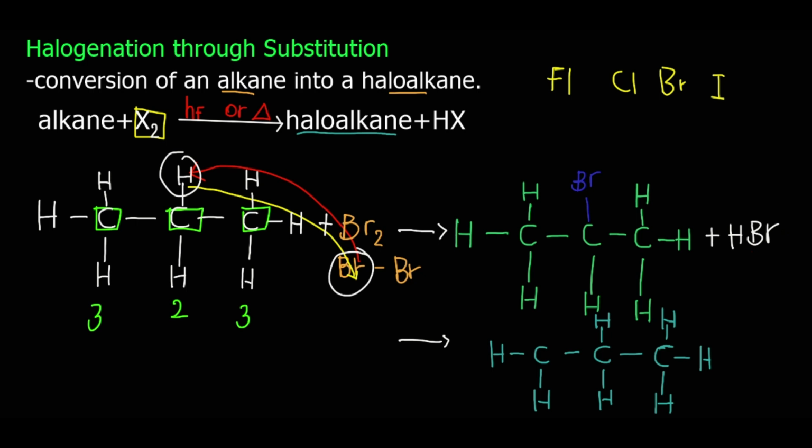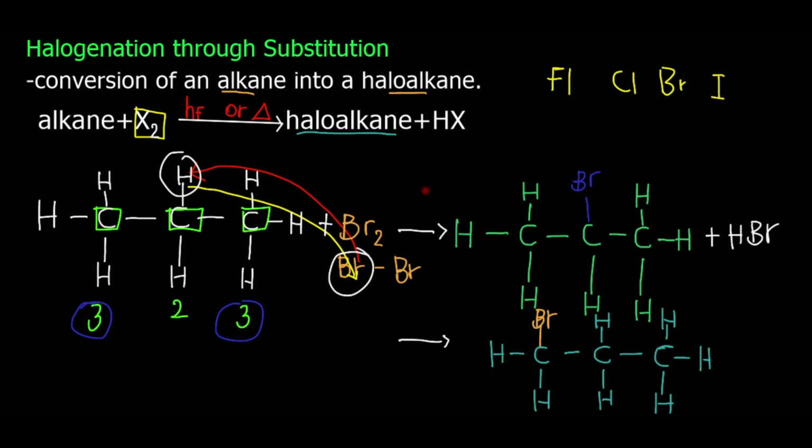But what if we take this halogen and put it on the carbon that has more hydrogens? This carbon has 3 hydrogens, and this carbon has 3 hydrogens. So if I take this halogen and put it on the carbon that has many hydrogens, let's say if I put it here, this means now we will have a minor product.